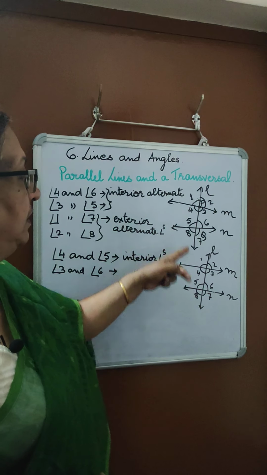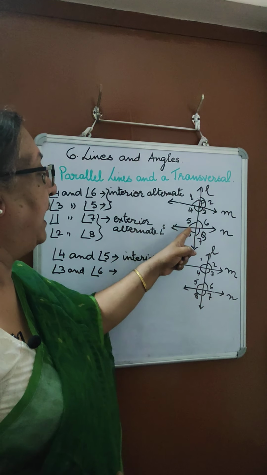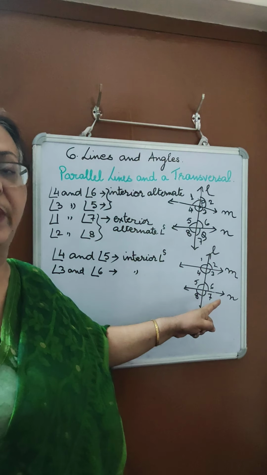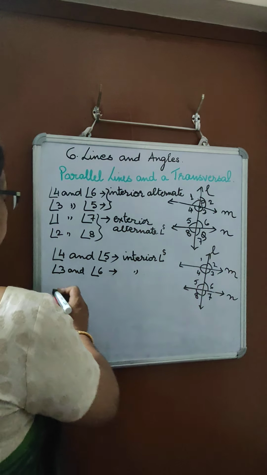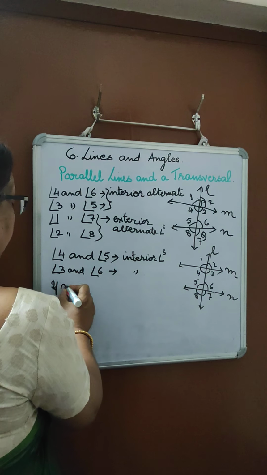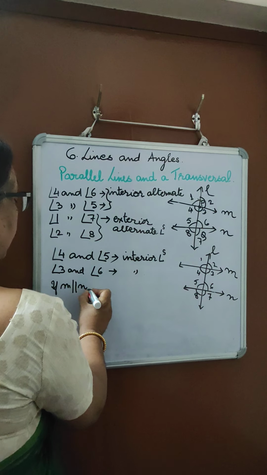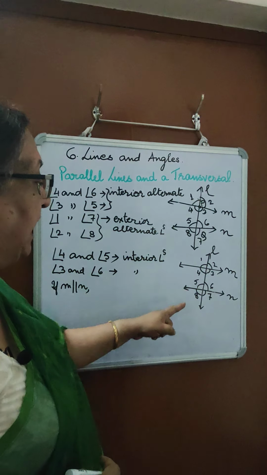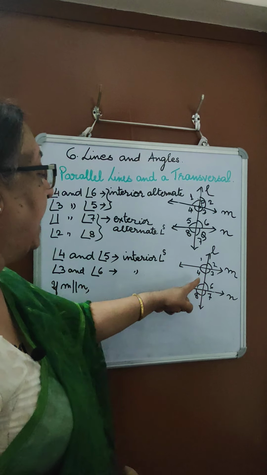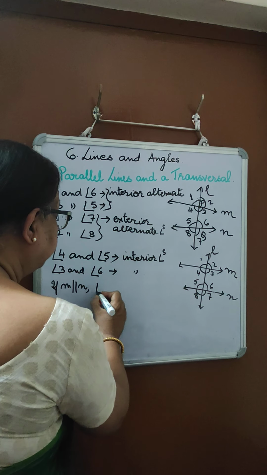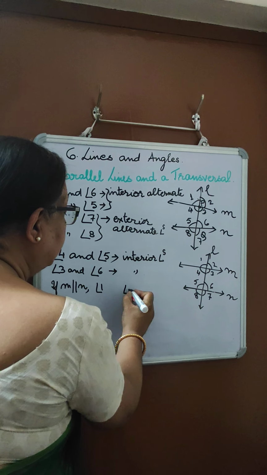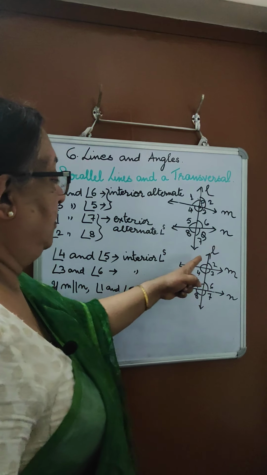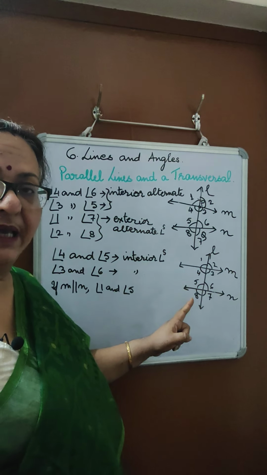Now instead of this M and N, they were any two lines. Now if M is parallel to N, then what happens? We had taken corresponding angles. Which are corresponding angles? Angle 1 and angle 5. 1 and 5 are corresponding angles.